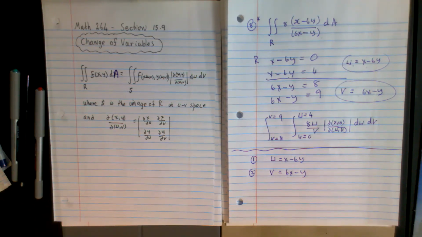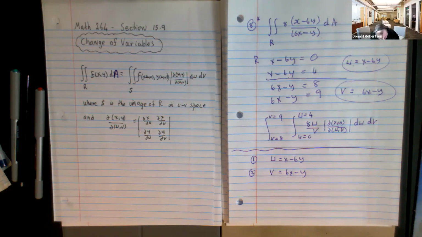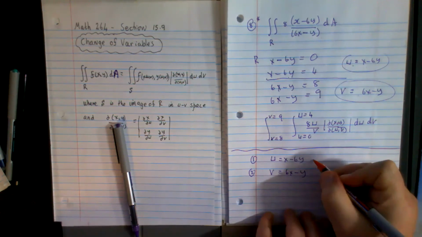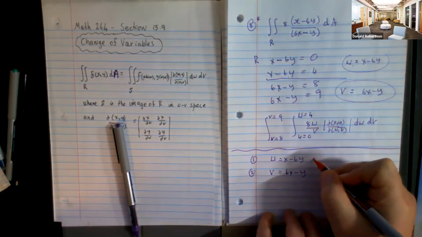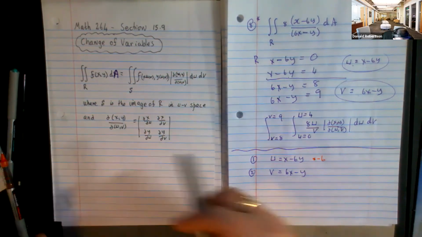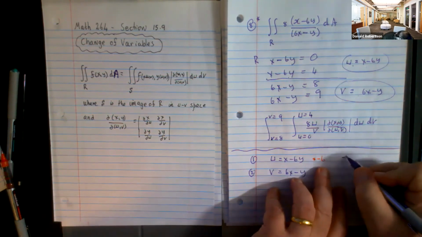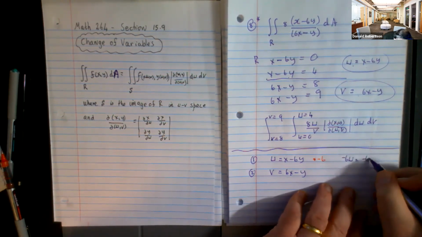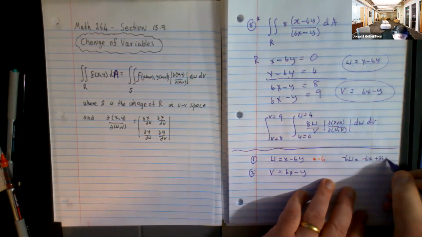Are we going to multiply one of them? Do you have any suggestion which one you want to do? You can do different versions, they all work, but any one that does work would be nice. Well, multiplying 1 by -6 would cancel the x's. Okay. So what I would get if I did that would be -6u equals -6x plus 36y.